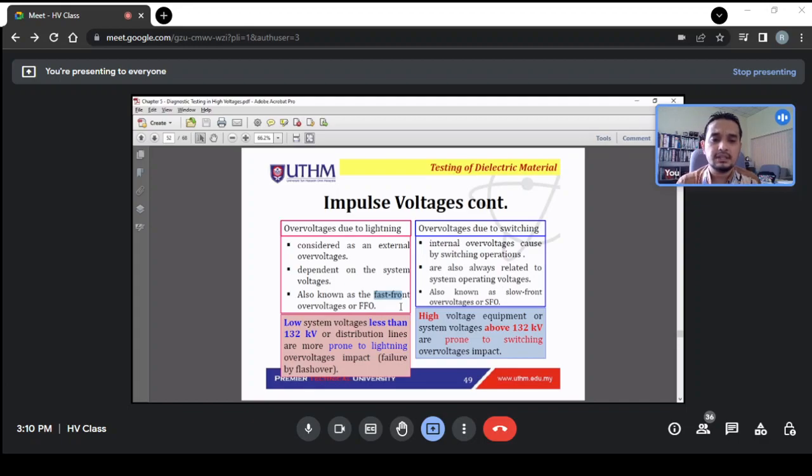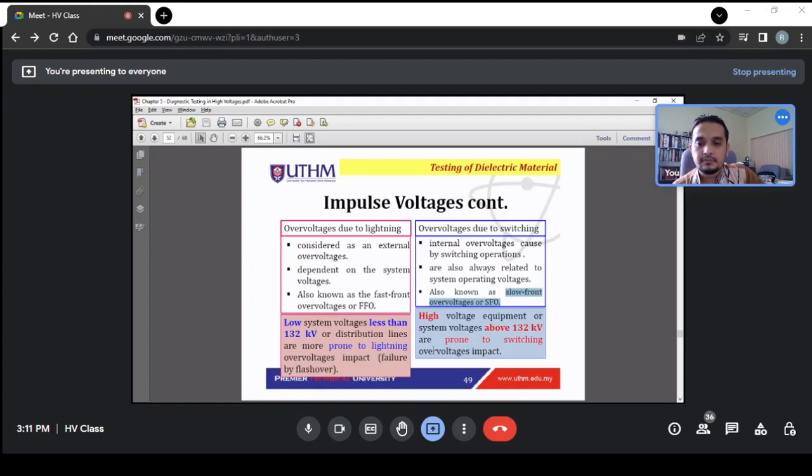The switching activity, we call it slow front overvoltage, SFO. Slow front means that the rising time is slower compared to the lightning.